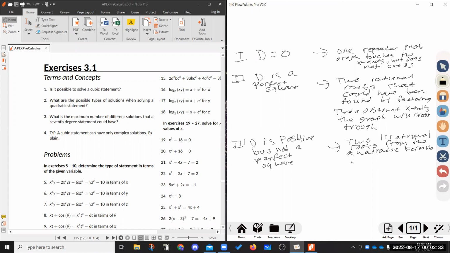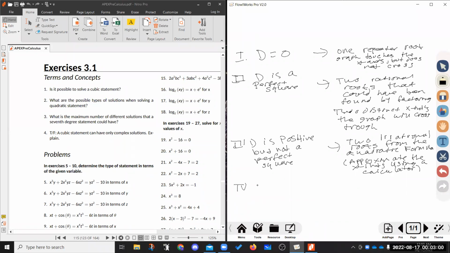And we won't easily be able to graph those. We'll have to approximate the x-intercepts using our calculator, because we're not going to be able to pinpoint them exactly since it's an irrational number.